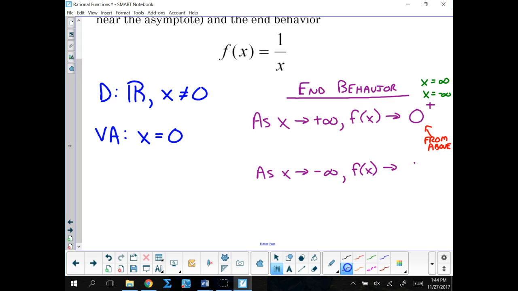So it's going to go to 0 from below. So that's my end behavior.